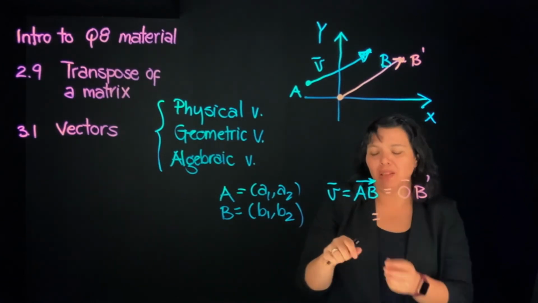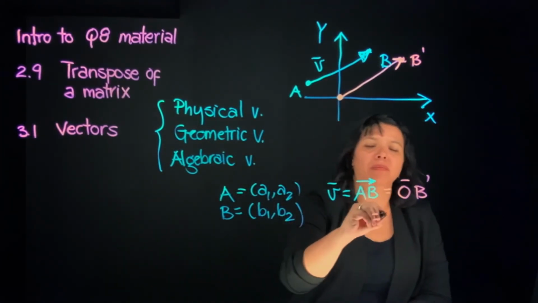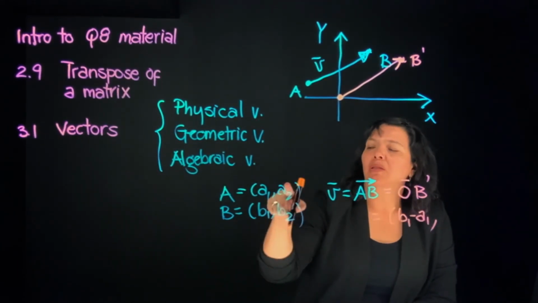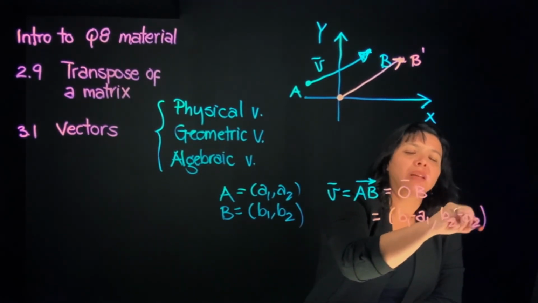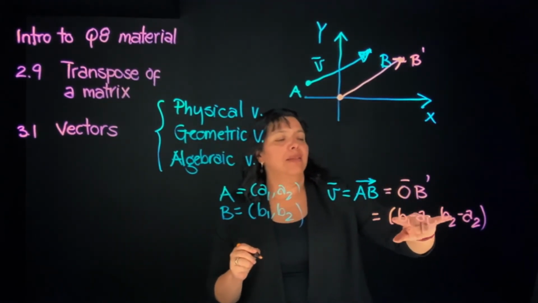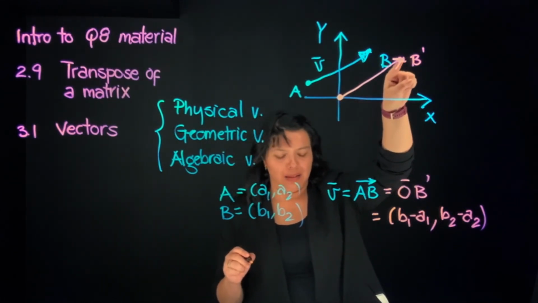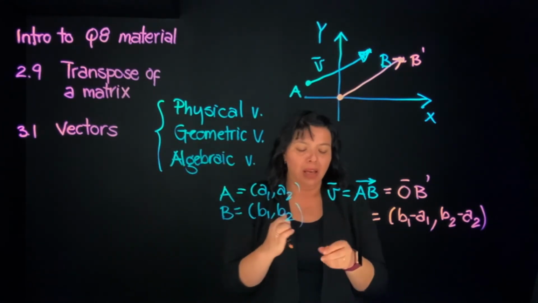Your B prime is going to be B1 minus A1, B2 minus A2. This is the representation of the vector that starts in the origin and ends in B prime. And that leads to the idea of the algebraic vector.